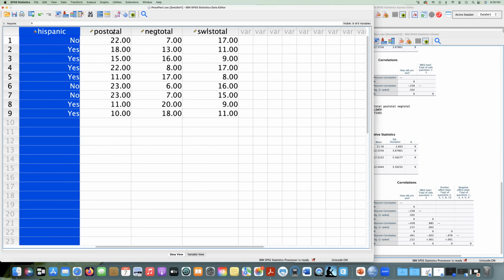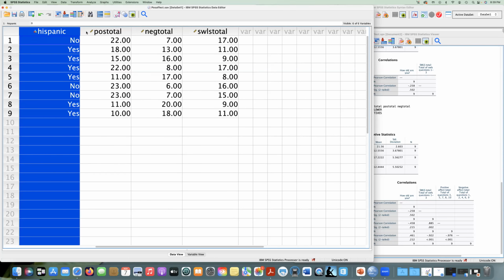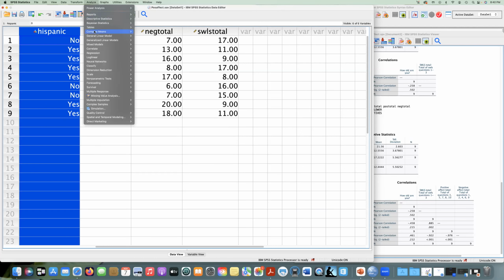Let's do positive affect total. We're going to compare their mean. This is a test of means. We're going to compare the mean of positive affect for people who identified yes, Hispanic, and people who identified no, Hispanic. So I'm going to go to Analyze, and say Compare Means, because that's what we're doing. We're comparing means of the positive affect variable by Hispanic.